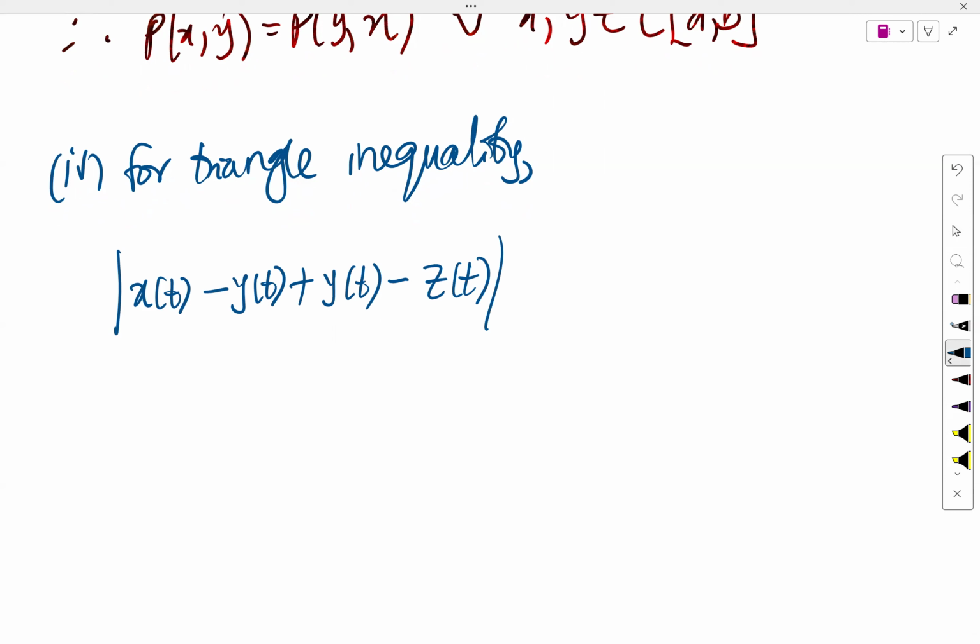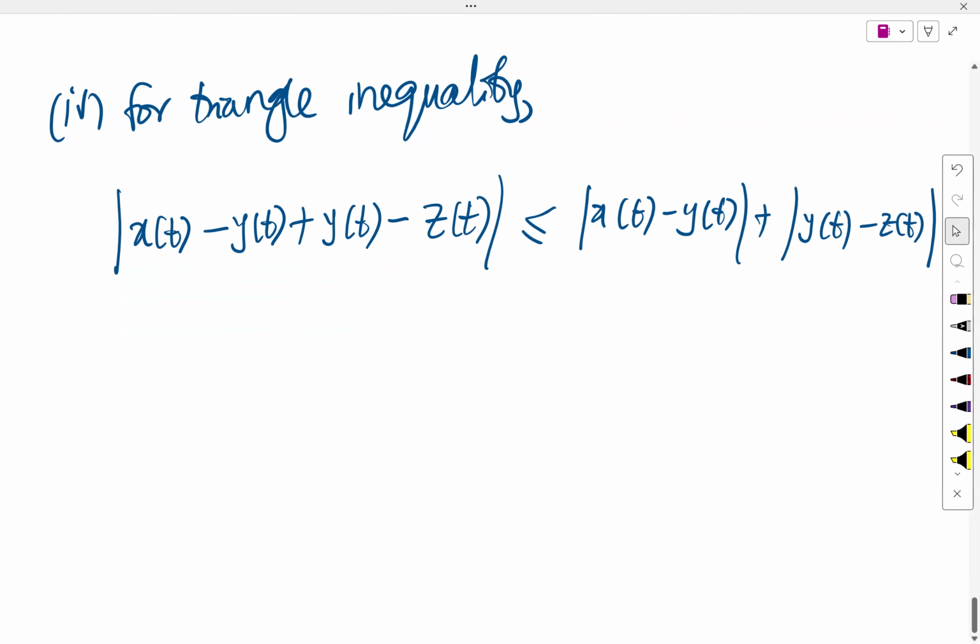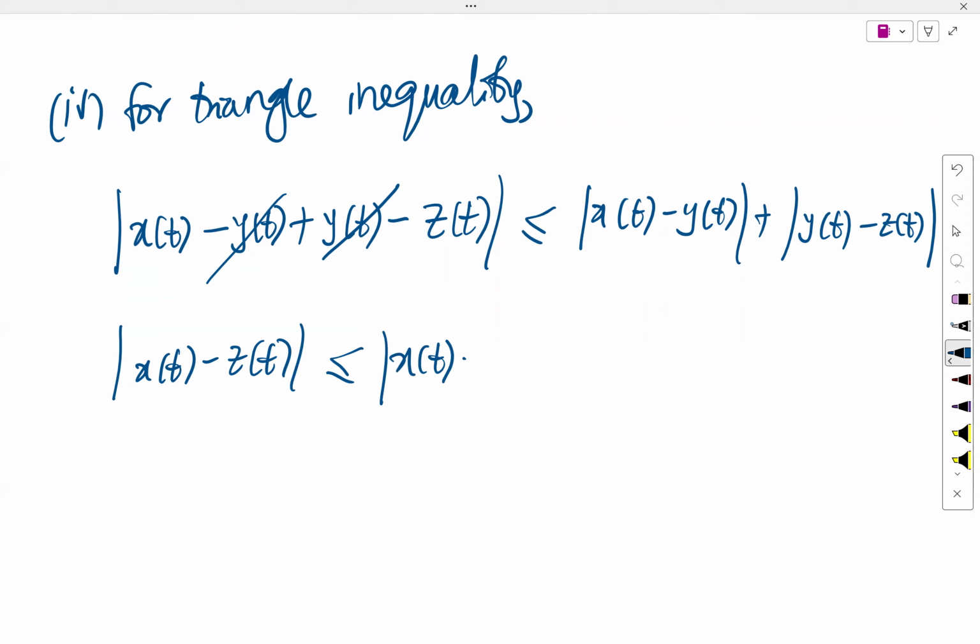It's less than or equal to the absolute value of x of t minus y of t plus the absolute value of y of t minus z of t. Of course, this cancels out, so we have the absolute value of x of t minus z of t, and that is less than or equal to the absolute value of x of t minus y of t plus the absolute value of y of t minus z of t.